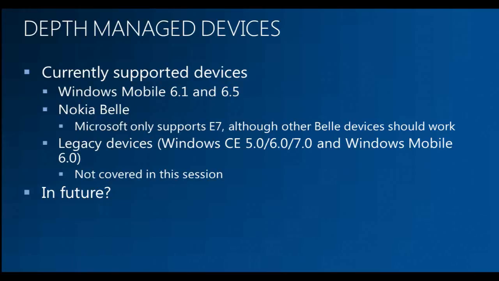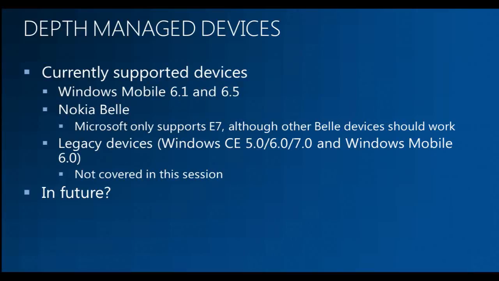Nokia has multiple different Bell-based devices currently on the market, and the config manager client can be installed to any of those Bell devices. Microsoft only supports Nokia E7, this type of phone, most probably because their support personnel only have access to these type of devices. But that is only a Microsoft support limitation, not a technological limitation.